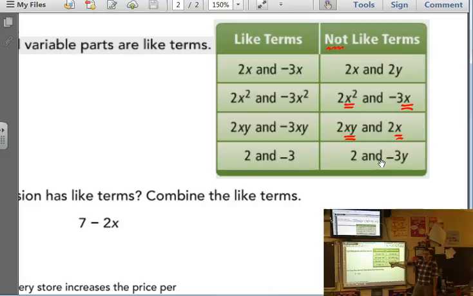This has xy, this has x. Different. And then if one has a variable and the other doesn't, one's a variable, one's a constant, they're different. Not like terms. You cannot add or subtract non-like terms. You can multiply and divide anything you feel like, but adding and subtracting is specific.